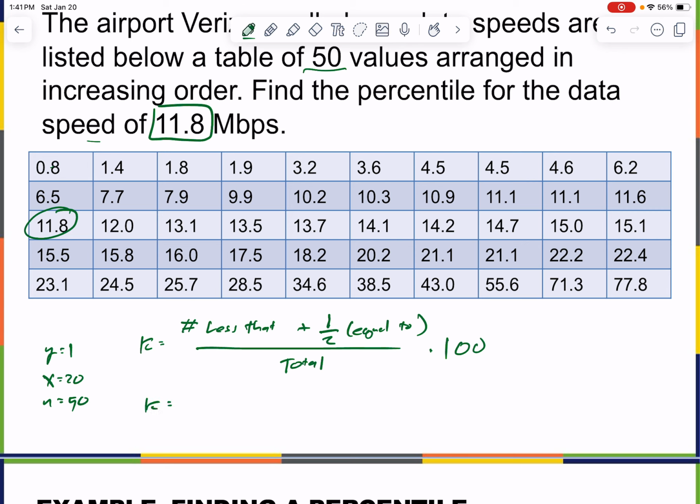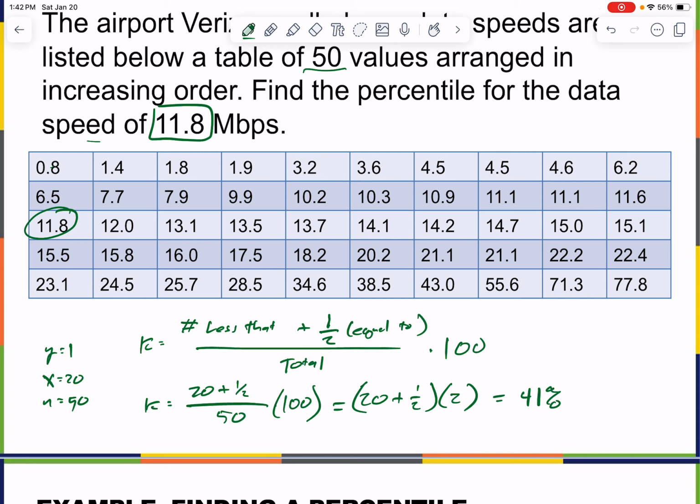So k is going to equal 20 plus 1/2 over 50 times 100. All right, let me just go ahead and divide the 50s out. So that's going to be 20 plus 1/2 times 2, because 100 over 50 is 2. So that gives me 41. So the 41st percentile.